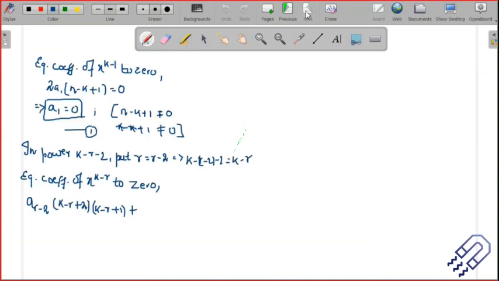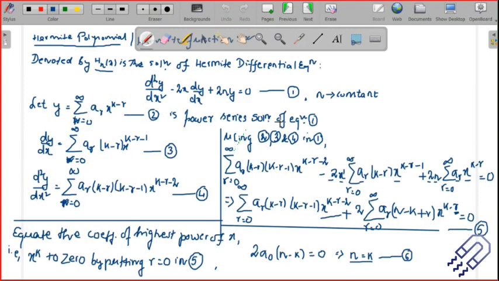Okay, so please check this out. That means from the second term I will get the expression as 2ar. It will remain the same, n minus k plus r. It is something like you want to find out the coefficient of x to the power k minus r, and there is a summation everywhere. So if you expand this summation, you will get one term which is k minus r.